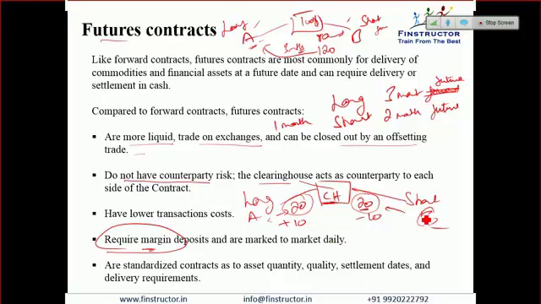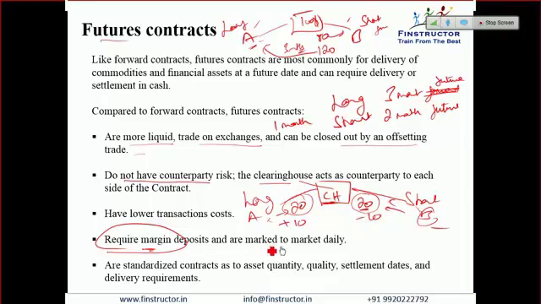Of course, as B keeps going into more and more loss, the exchange will ask him to put up more margin, so that at any point in time there is sufficient extra money taken from both counterparties, so that even if there is a big loss the next day, or even if the counterparty reneges, there is enough deposit to make up for that loss. So every day there is a mark to market done.